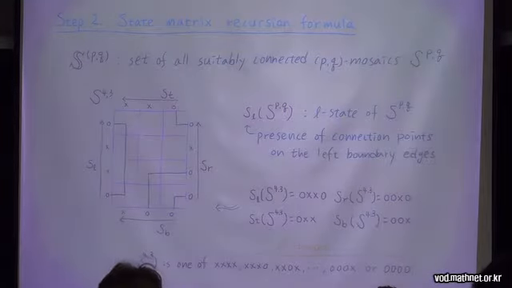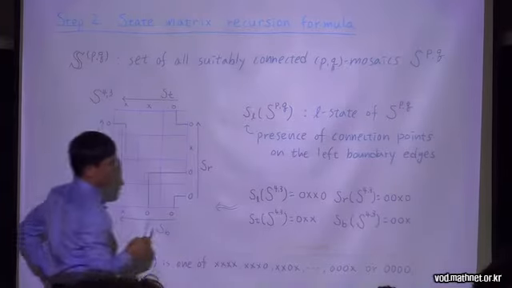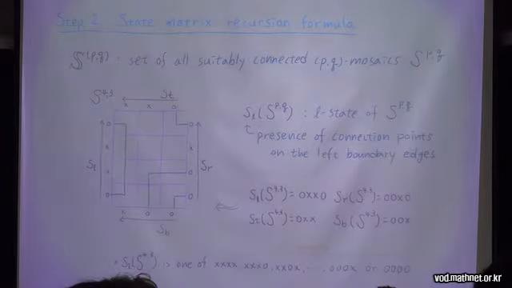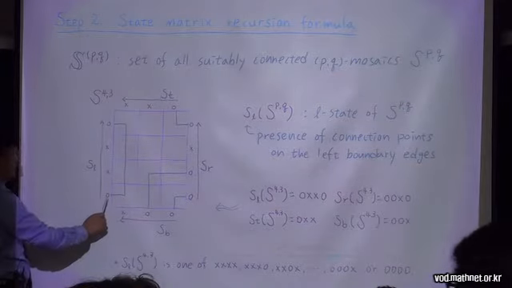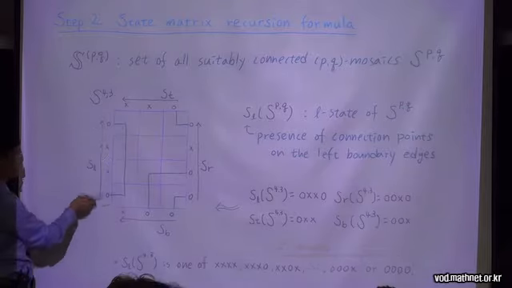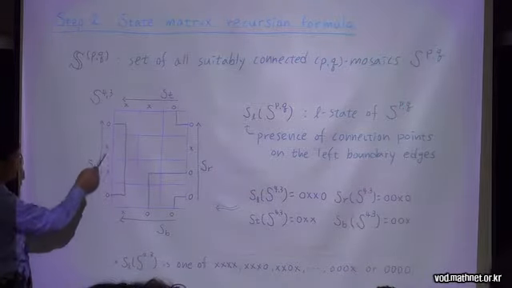And also for this 4-3 mosaic, we're going to define the L state and the R, T, and B states. L state means the left state. That means the presence of the connection point from the bottom to the top. So in this case, OXXO.